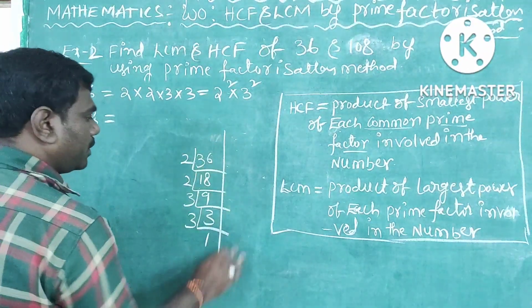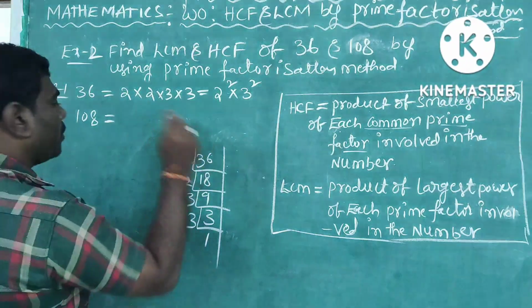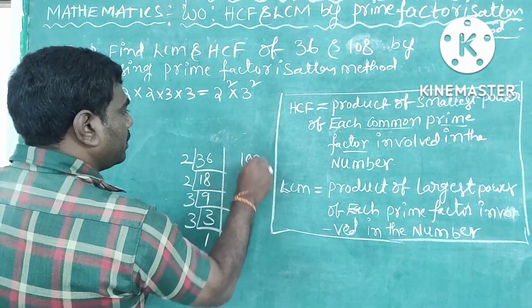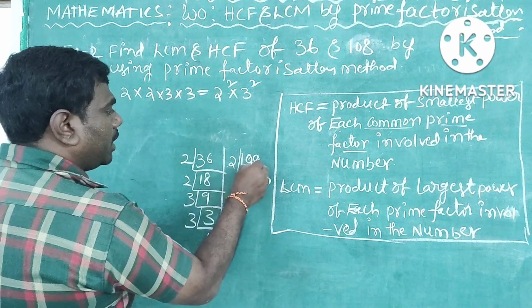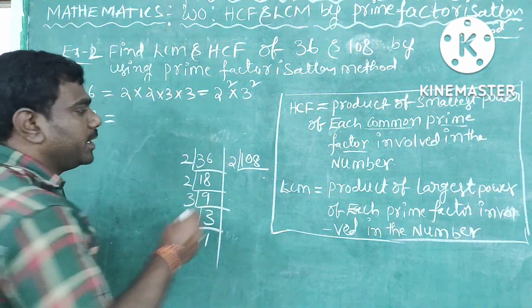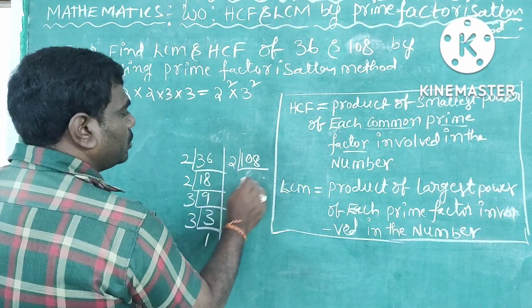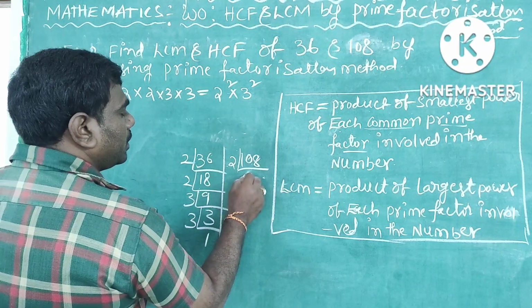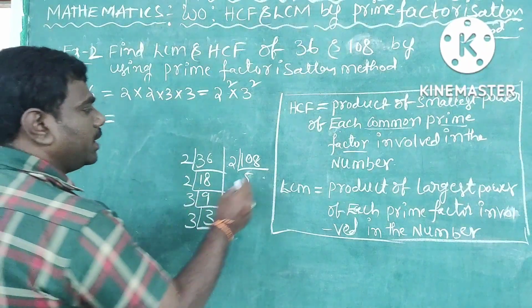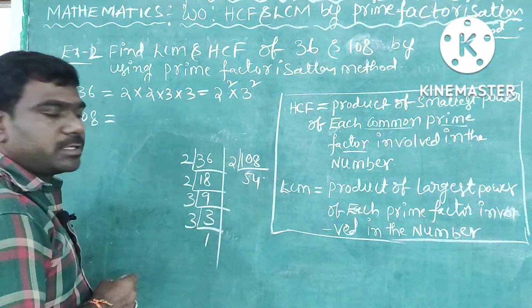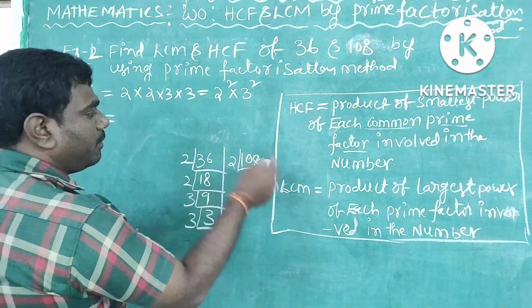Now the next number is 108. Take the smallest prime number 2. 108 is divisible by 2: 2 54s are 108.